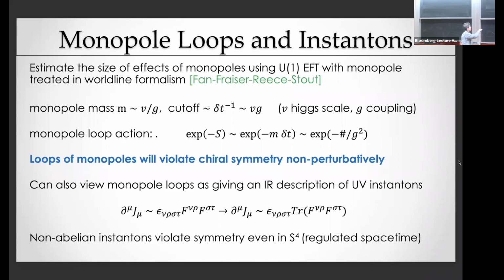What I'm trying to emphasize is that the fact that loops of monopoles violate chiral symmetry is something an infrared person can tell. We don't have to commit ourselves to a particular UV completion to understand that.